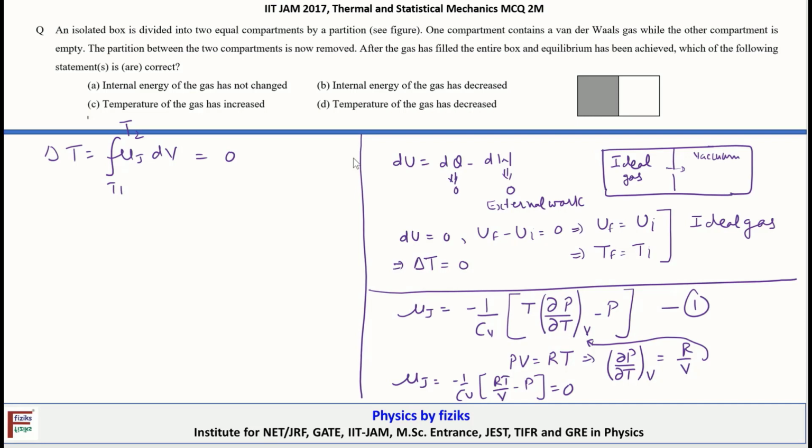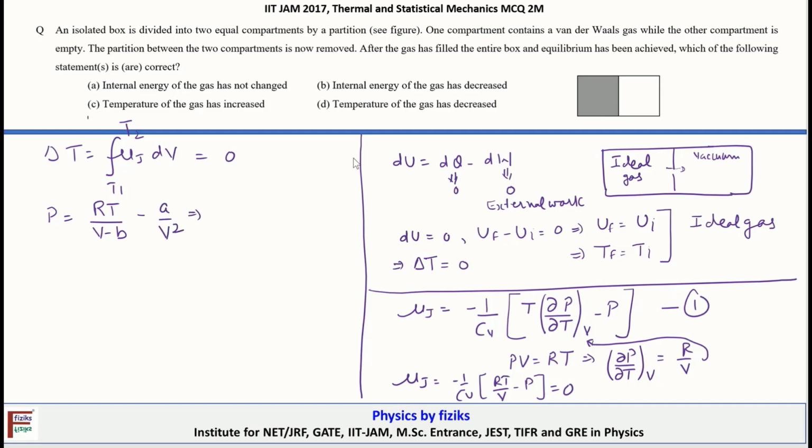But now, for the real gas, the equation of state is given by P equal to RT upon (V minus b) minus a by V square.